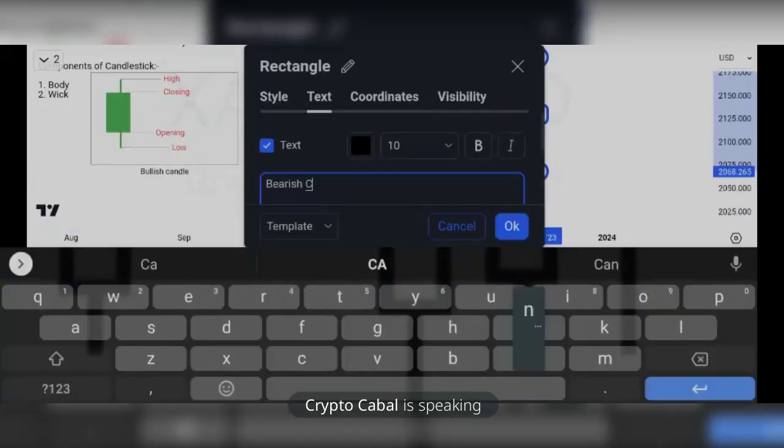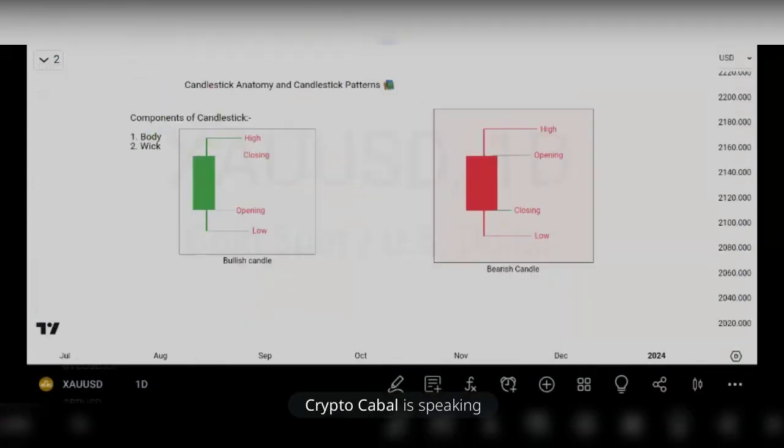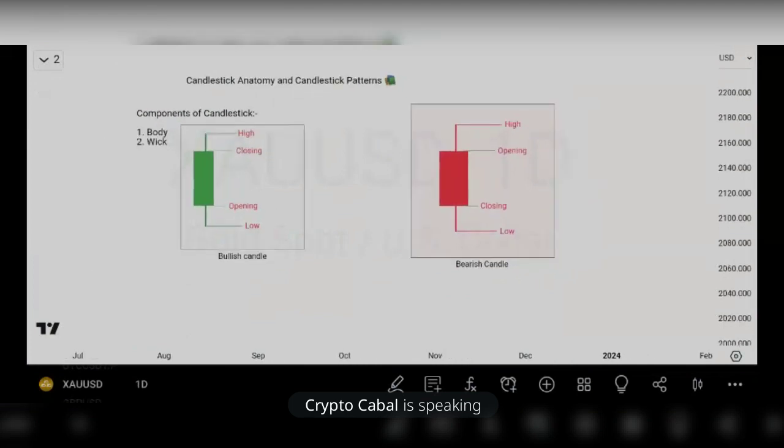This is the bearish candle. Now you can see the difference between the bullish candle and the bearish candle, and how they form.